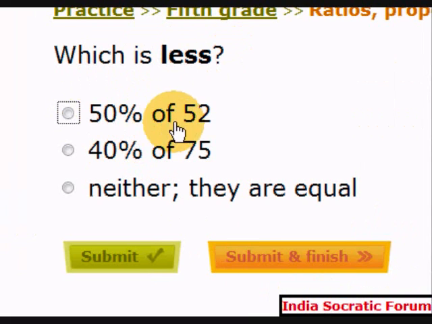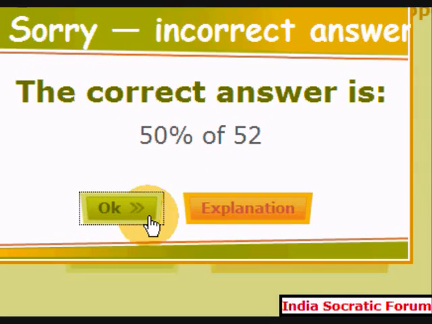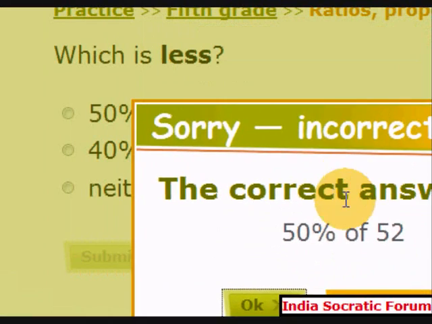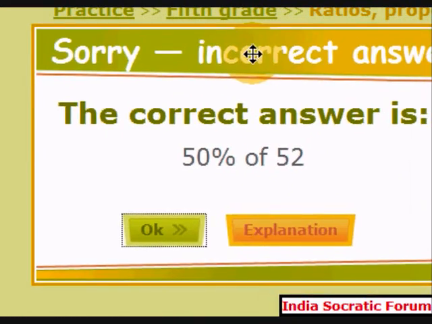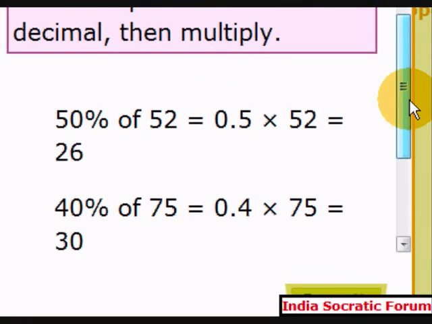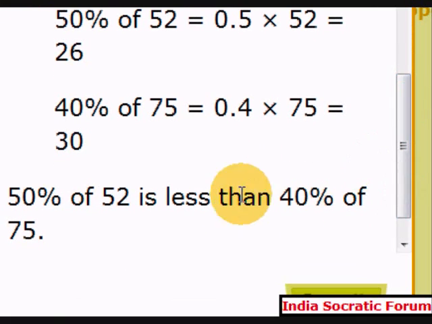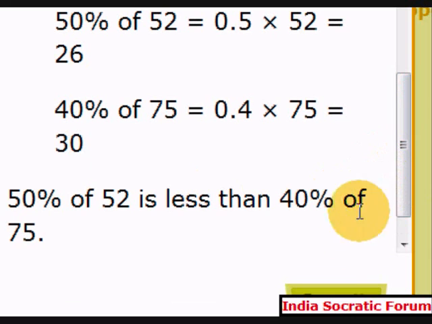Which is less, 50% of 52, 40% of 75, or neither? Which is less? Yes, the answer is 50% of 52. You know why? Therefore 50% of 52 is less than 40% of 75.